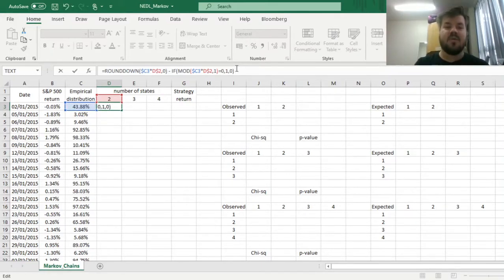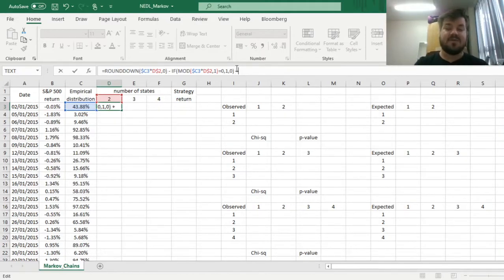And here we will get a value of the function that will give us 0 or 1 if we have 2 states, 0, 1 or 2 if we have 3 states, and 0, 1, 2 or 3 if we have 4 states, and so on and so forth if we were considering examples with even higher number of states.